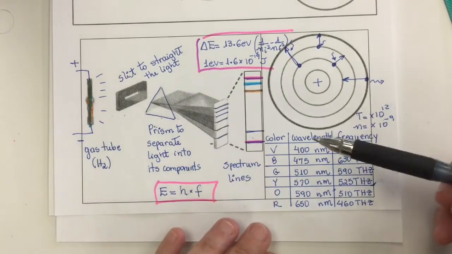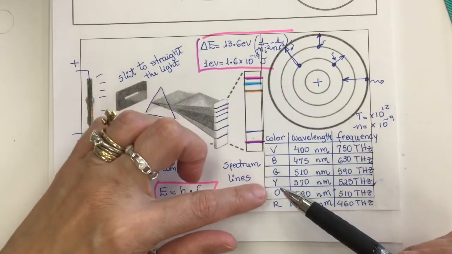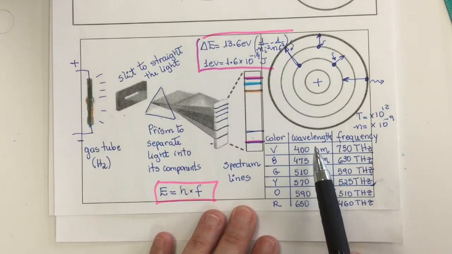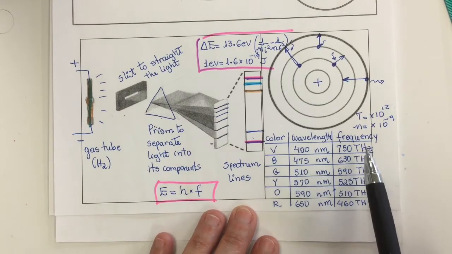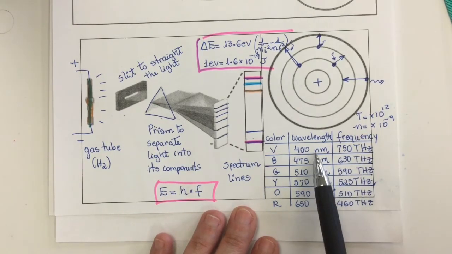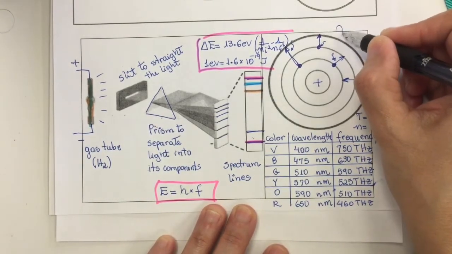So the color could be violet, blue, green, yellow, orange, or red. For each color, we have a specific wavelength and a specific frequency. They are in terms of, in this case, nanometers for the wavelength, because light travels as a wave.